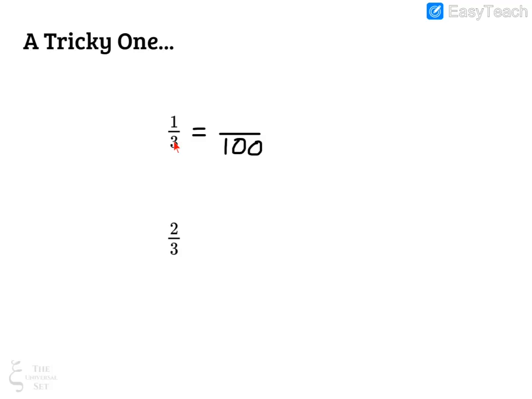And the thing is, there isn't a nice whole number that I can multiply 3 by, which will give me the answer 100. So our method here isn't going to work. So what I'm going to do is I'm going to tell you what these are as decimals and as percentages. And I'm going to suggest that the best thing to do with these two in particular, 1/3 and 2/3, is just to remember them.